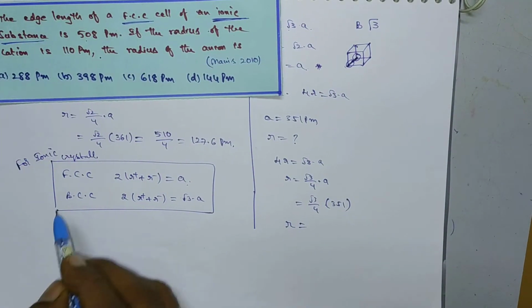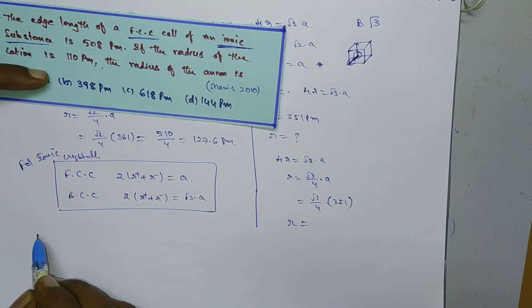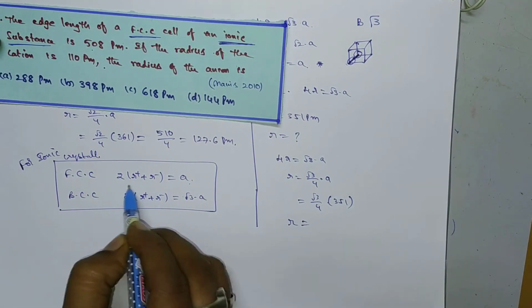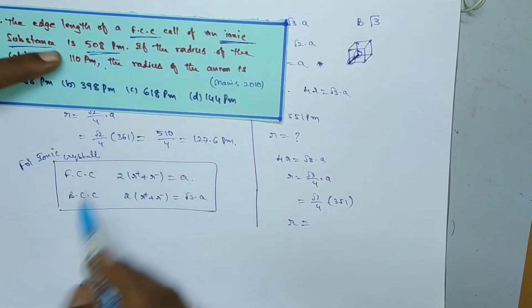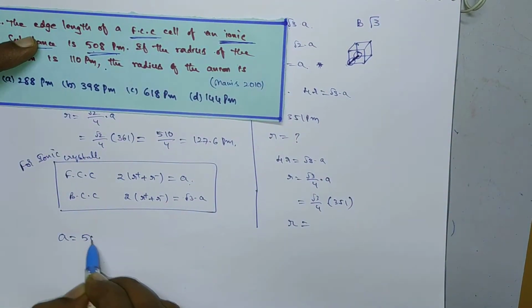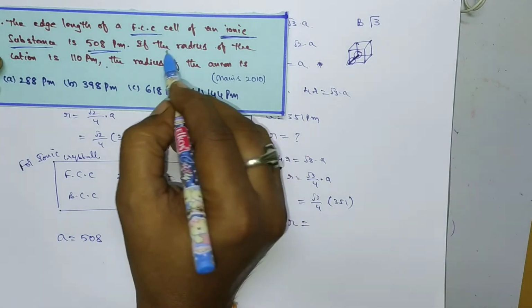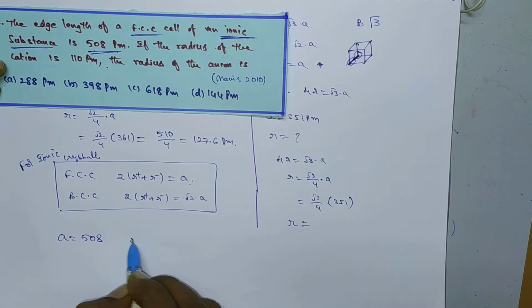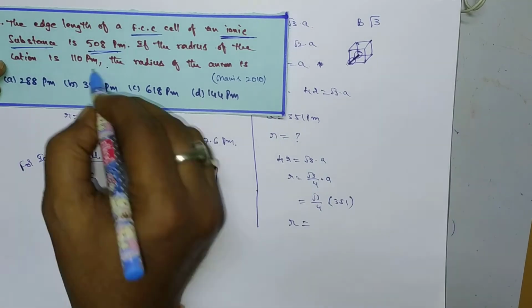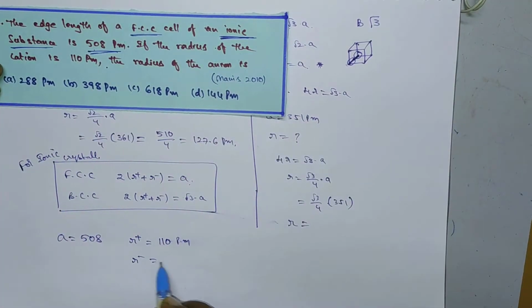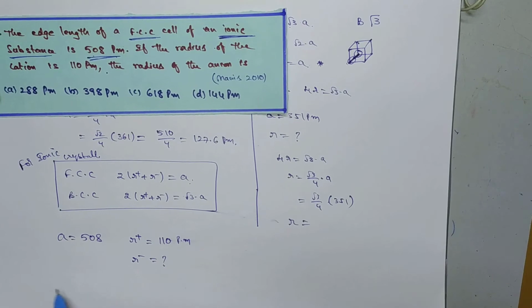For face centered cubic structure, the formula is 2 into this one. Here the edge length is 508 picometers, so a is equal to 508 picometers, and the radius of cation is 110 picometers. The radius of anion is how much? He asked to calculate radius of anion.